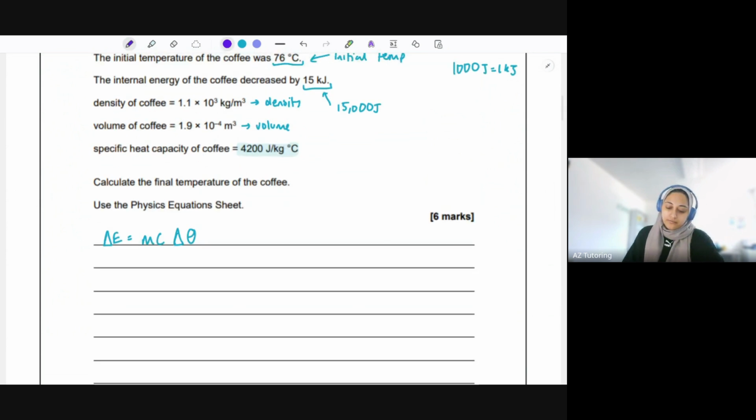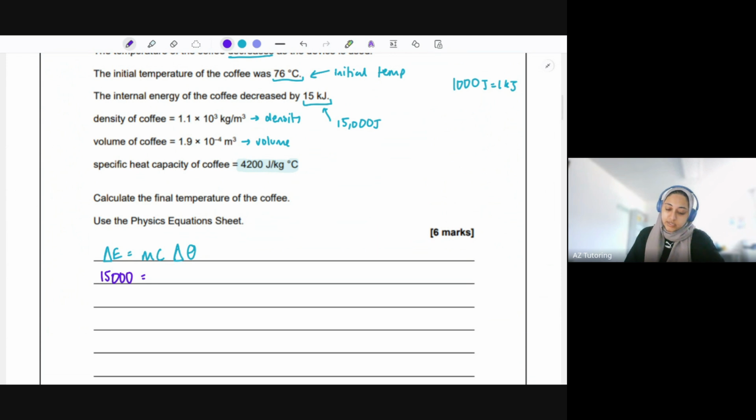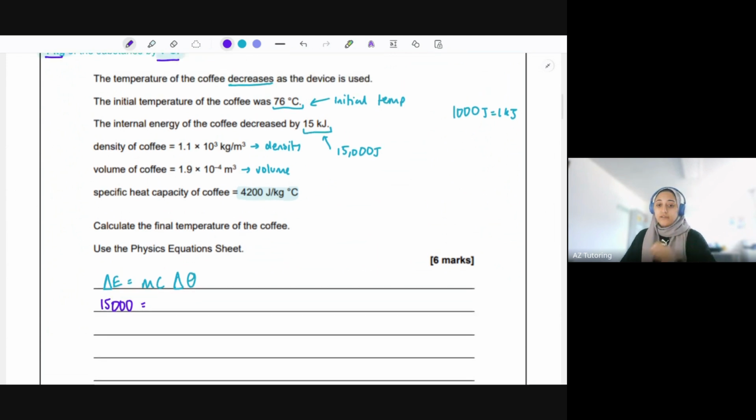Well, what do we know? We know what the energy is. The internal energy is 15,000. We've already converted it, so we've saved that step by ourselves. That's mass. Do we have the mass? We don't have the mass, so I'll just put M in. We've got the specific heat capacity, which is 4,200, and the units are fine for that.